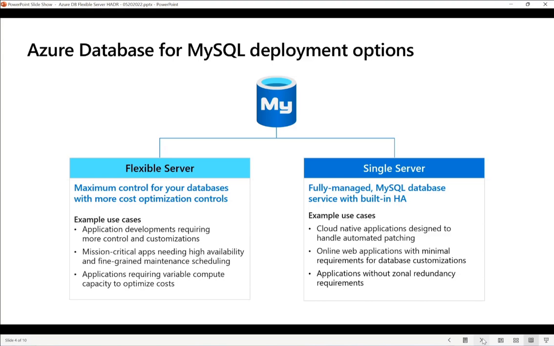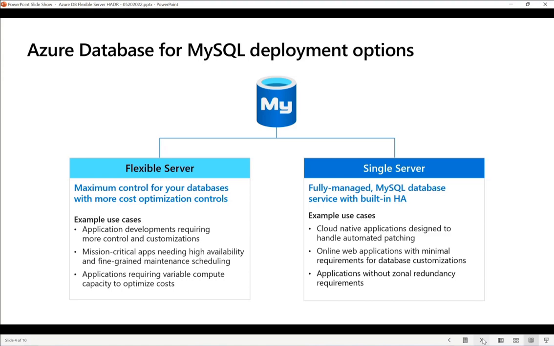So just to recap, in Azure Database for MySQL, today we have two different deployment options. Flexible Server, which is the default deployment option, and second is Single Server. Now, Single Server has been GA for the past 4 years, and we are planning to deprecate Single Server sometime later this year.